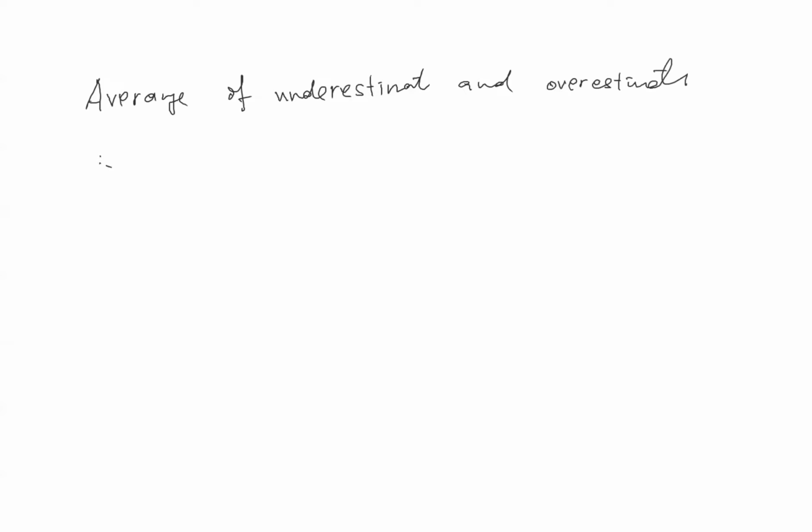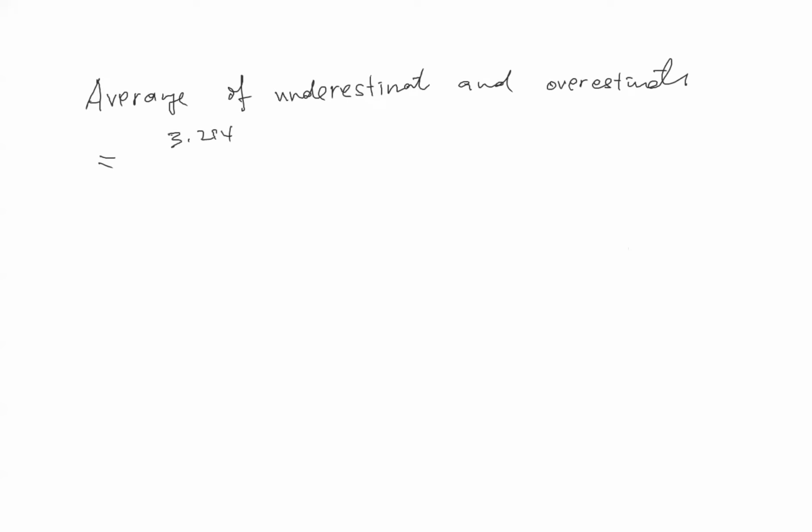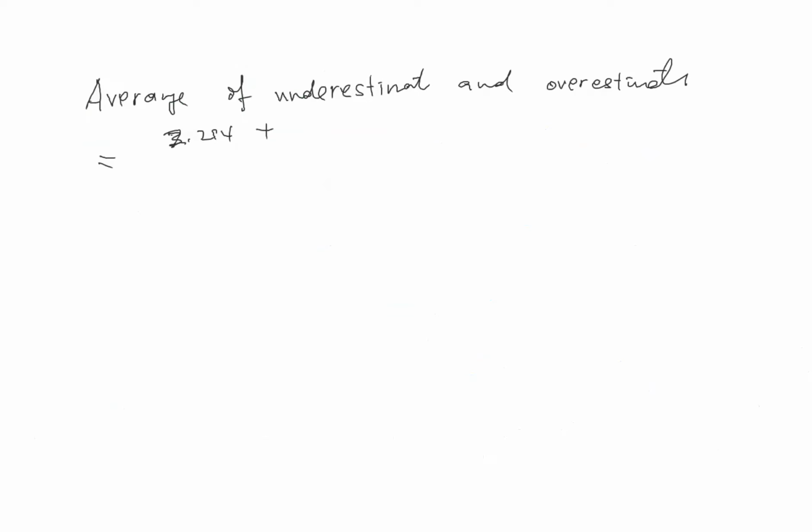So you get, just how our underestimate is, you see, we still have to go back. Over is 3.214 plus under is 1.415.